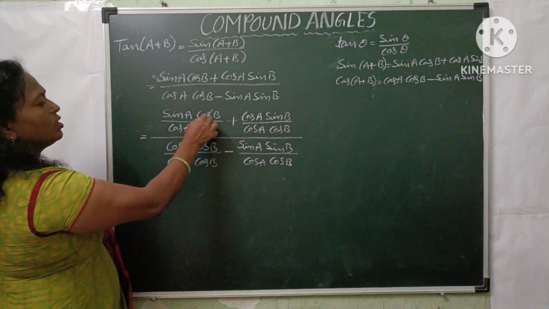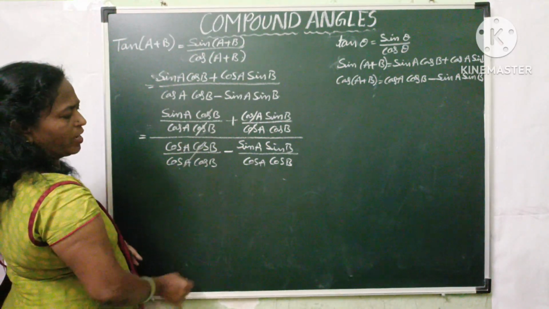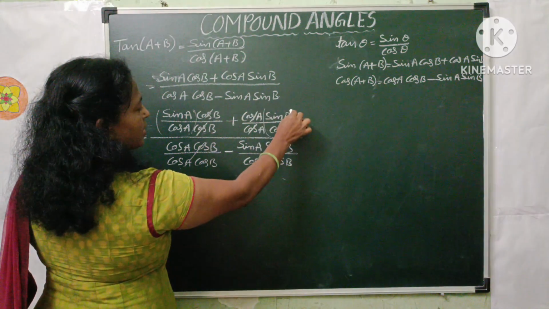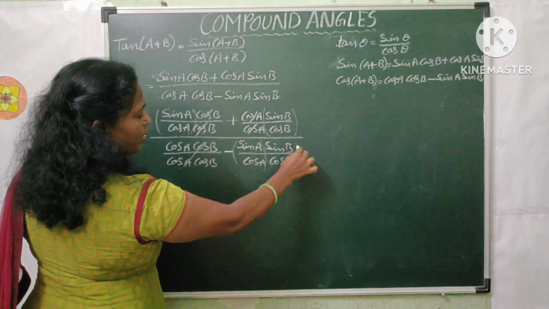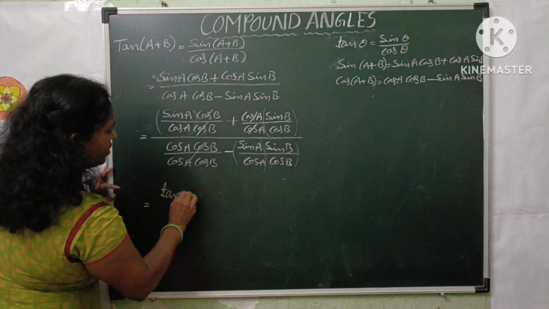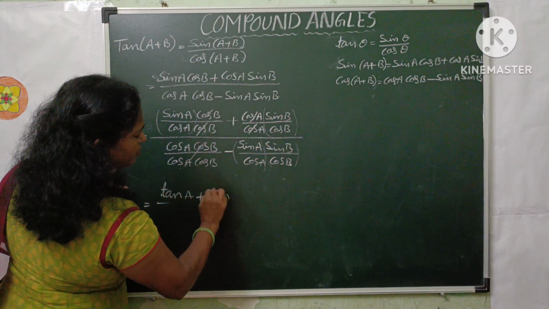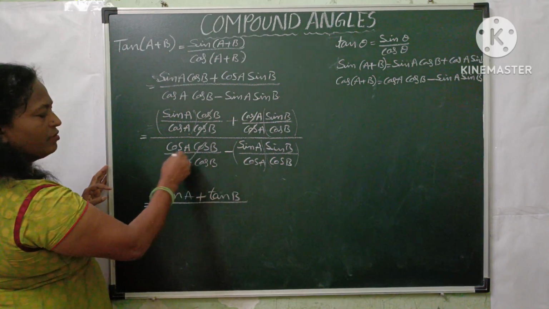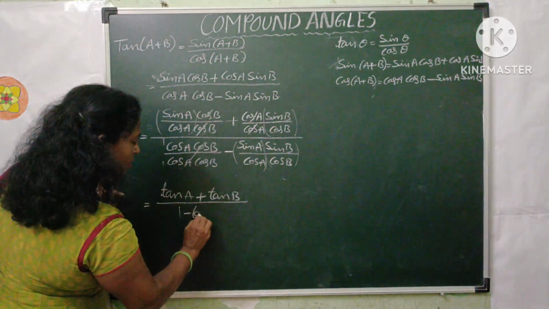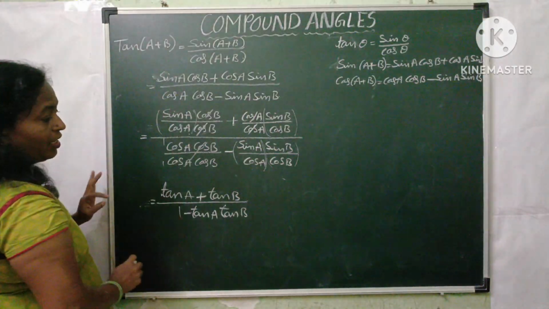Now cos b cancels, cos a cancels, and both terms cos a cos b cancel, giving 1. So sin a by cos a is tan a, plus sin b by cos b is tan b, by 1 minus tan a tan b. This is the formula for tan(a plus b).